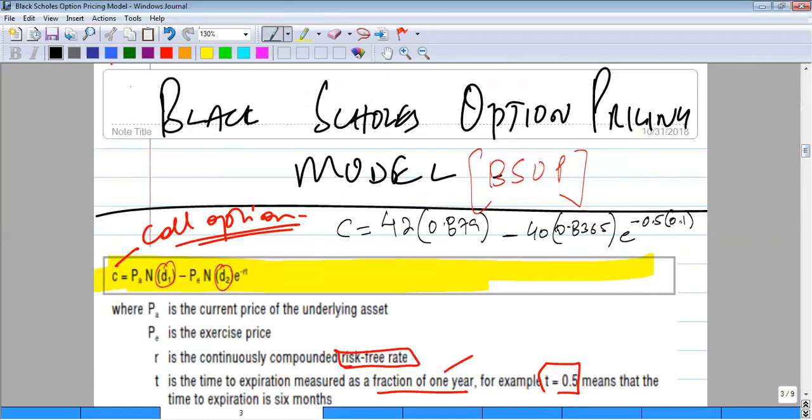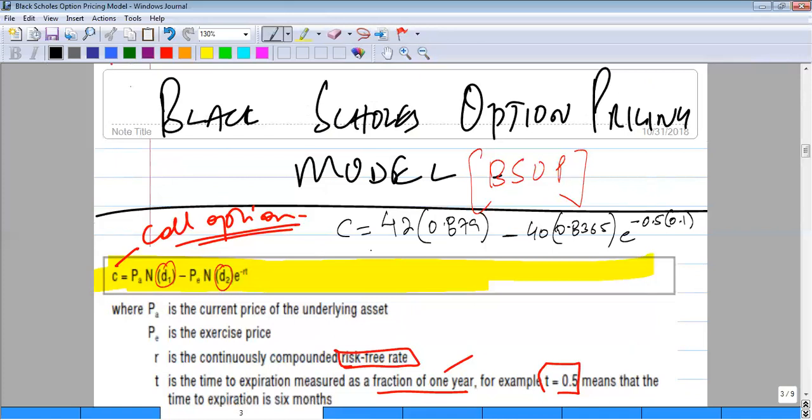So let's calculate how much it all comes to.